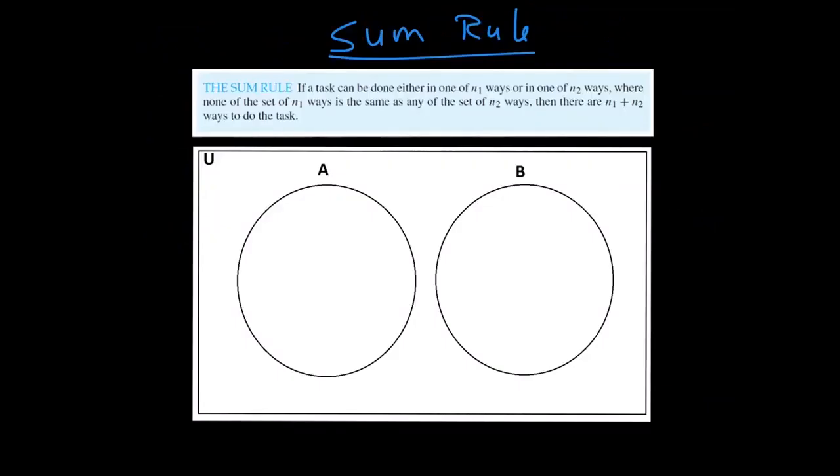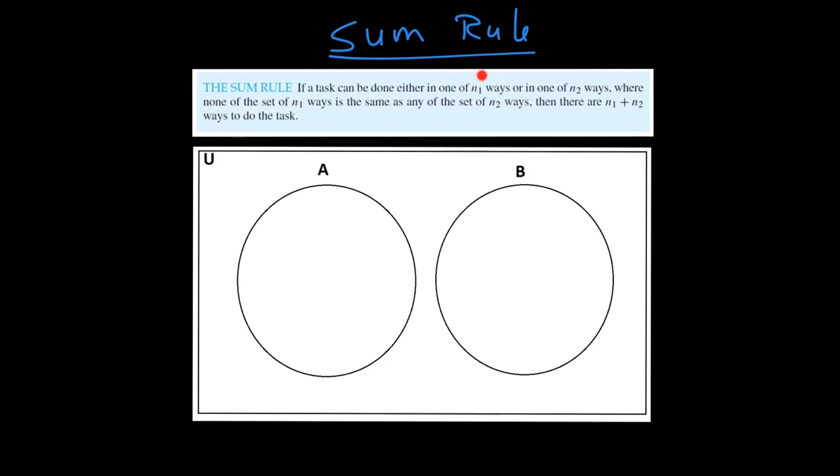Okay, now we have something called the sum rule. So let's read what it says first, and then I'll use this Venn diagram to give you the intuition behind it. The sum rule says, if a task can be done in either n1 ways or n2 ways, where none of the n1 ways is the same as the n2 ways, that is, there is no overlap.